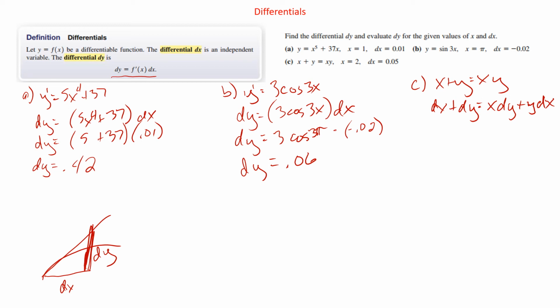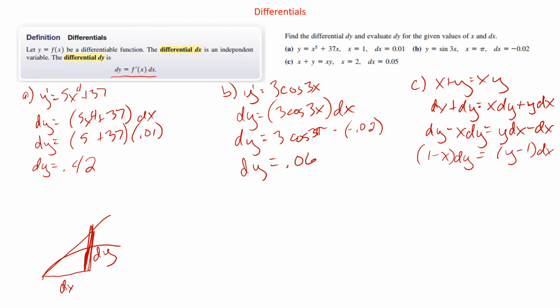We can move the dy's over. So we'll have dy minus x dy equals y dx minus dx. We can factor out the dy. 1 minus x dy equals y minus 1 dx.